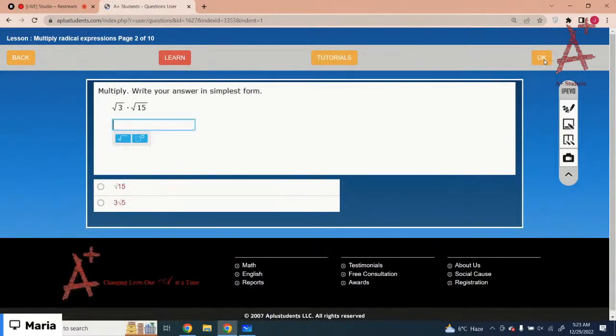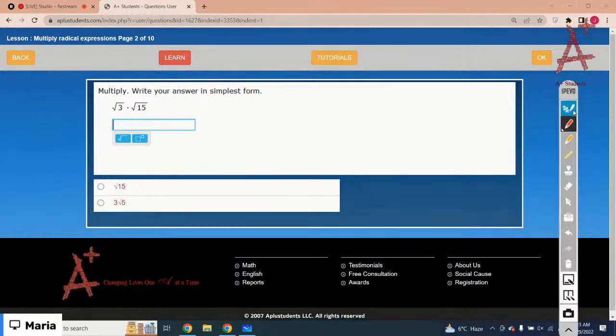Okay, the next one is square root 3 and square root 15. So first of all, I'm going to use the multiplication property of square root. You can write them in the same radical. Got it? So just factor 15 into prime factors. You can write 15 as 3 times 5. So you can combine them and write them as square root of 3 square times 5. Now again, you can use the same property of multiplication of square root.